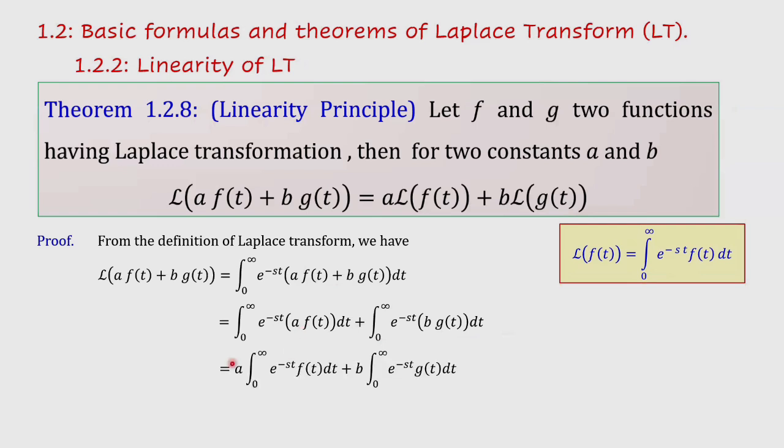Then the constant a will go out, so we have a times the integral from 0 to infinity of e to the minus st f(t) dt plus b times the integral from 0 to infinity of e to the power minus st g(t) dt. Now from the definition, this is the Laplace transform of f, and in the same way this is the Laplace transform of g.